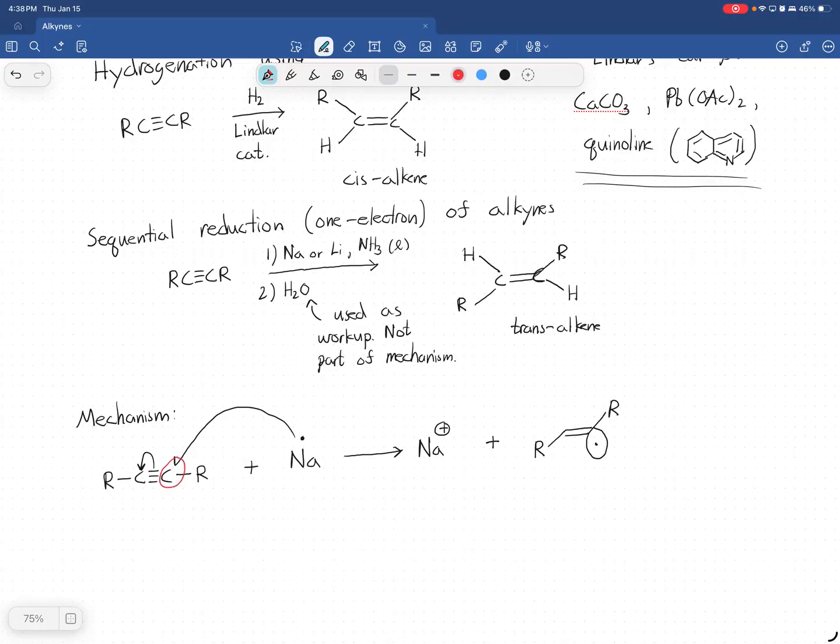That's where that electron comes from. Then this other carbon is going to have a lone orbital with the lone pair that I've just put back onto the other carbon atom, and this carbon now has a negative charge because it's a carbanion.